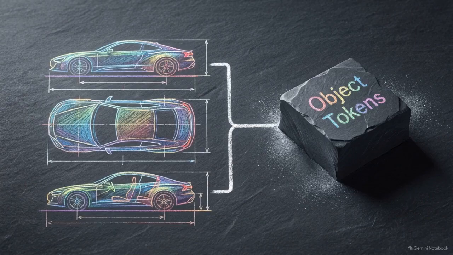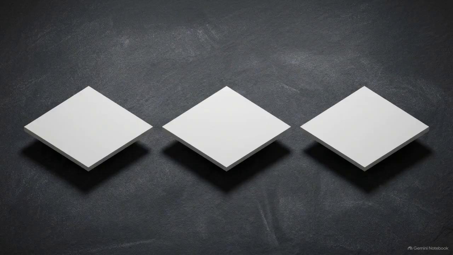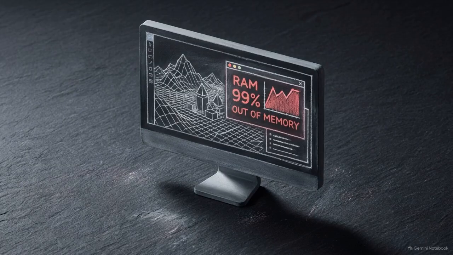A flow-matching diffusion transformer predicts the object tokens from the cropped 2D image, while a secondary model, Hunyuan 3D Paint, synthesizes the physically based rendering textures, specifically albedo, metallic, and roughness maps. Generating hundreds of high-fidelity meshes inside a single scene creates a severe memory bottleneck.